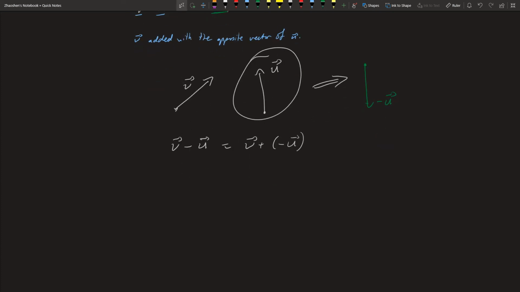So now we just have a normal addition. We have a vector added to another vector. Let's use the triangle law. So let me redraw everything. This is my v. Now this is my negative u, kind of like this. Triangle law says that you move the tail of one vector to the head of another vector.